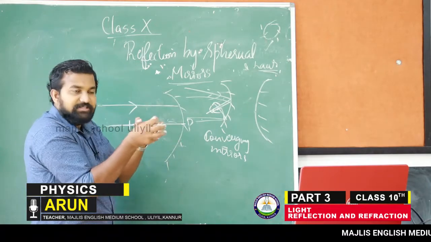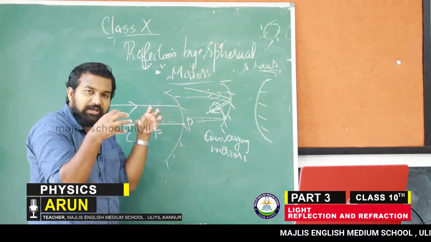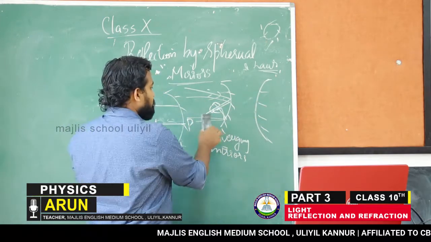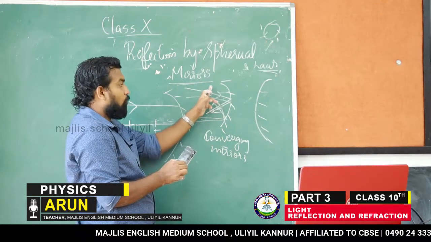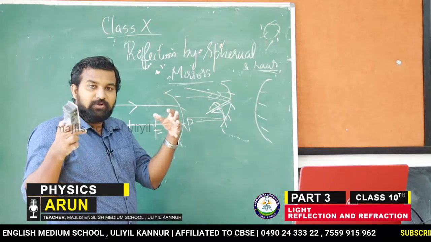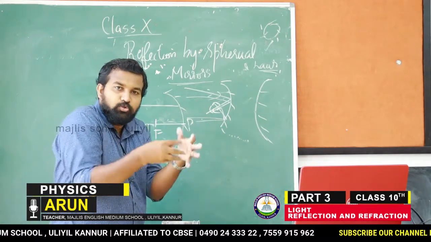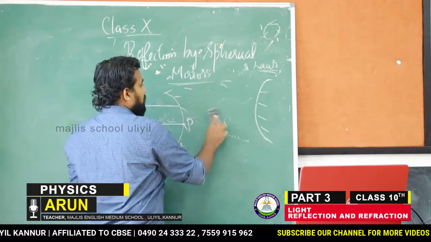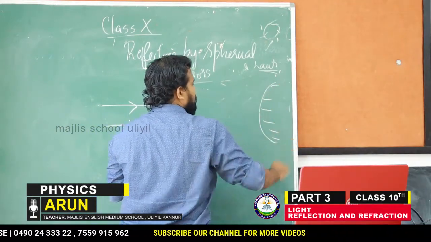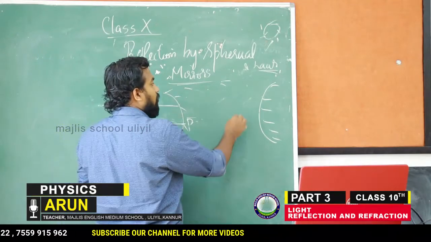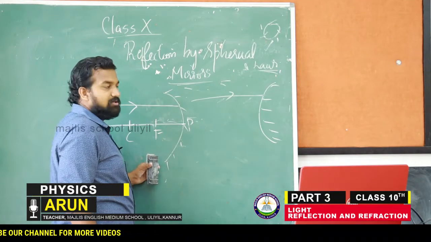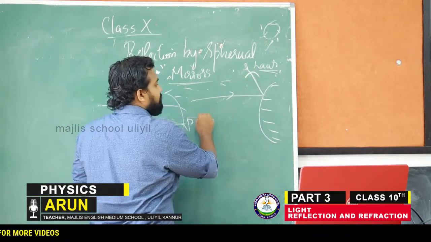So the reflected rays will converge together, come closer. Don't forget, concave mirrors are converging mirrors. But what about convex mirrors? Whenever a ray is incident on the surface, it will diverge.